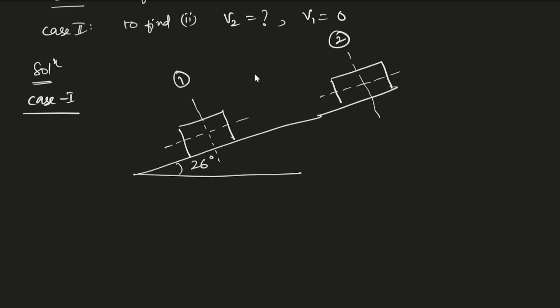Here the direction is upward, so the frictional force will be in the downward direction. Here we'll have mu times N, where N is the normal reaction, and the weight will be acting downward. It is given as 26 degrees, so here also we'll have 26 degrees. I'll be taking the angle with respect to the x axis, that means 90 minus 26 degrees, which is 64 degrees.